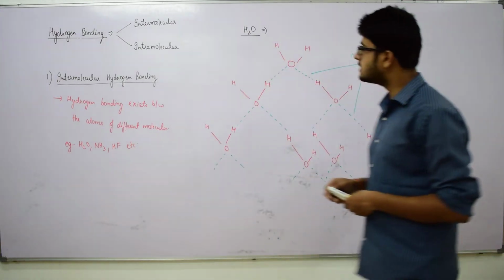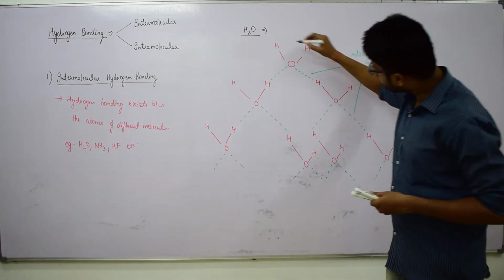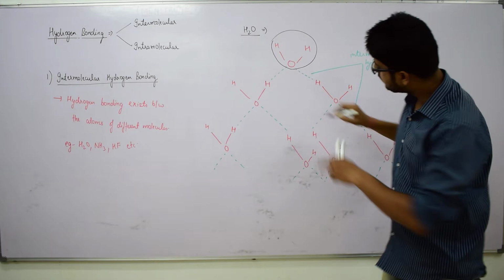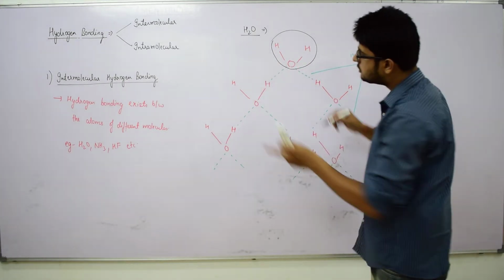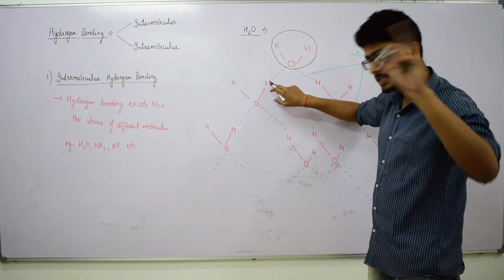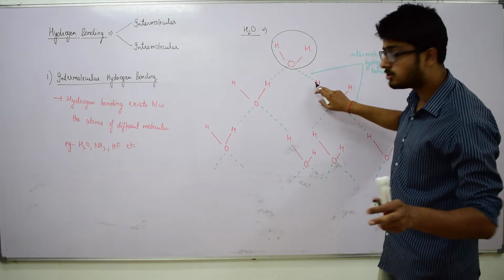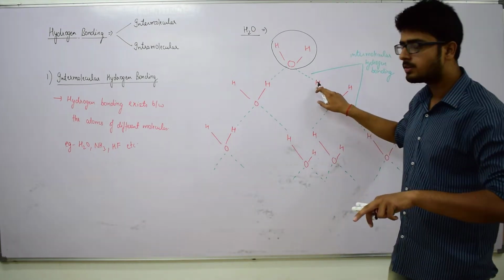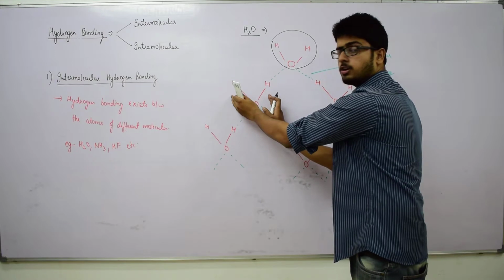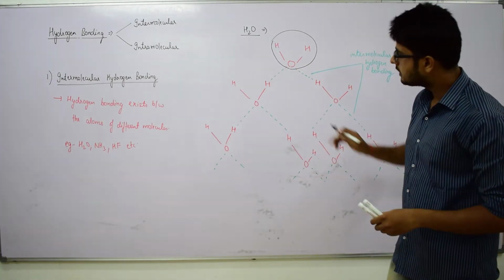So when we are discussing water, this is our water molecule. Let us start from the first. This is our first water molecule. Oxygen being more electronegative will be linked to hydrogen of the second water molecule, and again this oxygen will be linked to hydrogen of the third water molecule. Now this will be further linked to this water molecule, and this oxygen will be further linked to this water molecule.